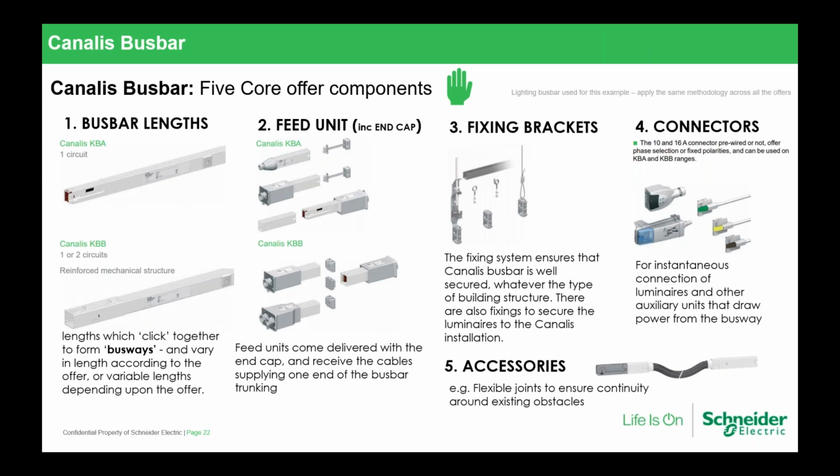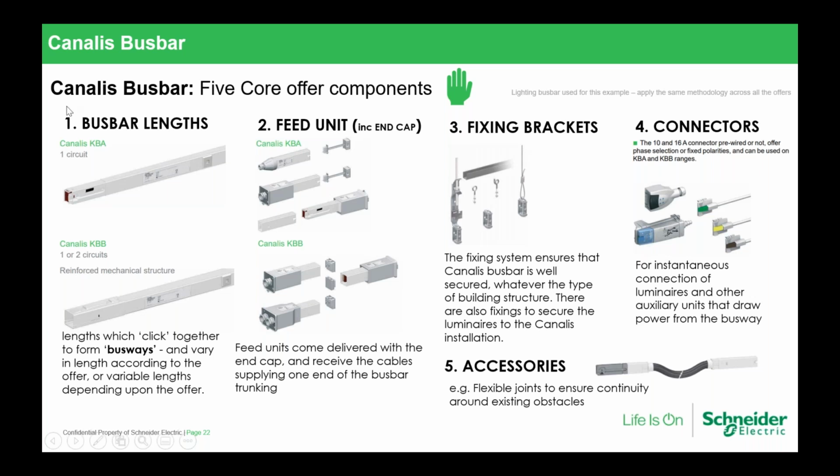When you want to choose a Canalis Busbar, no matter the rating, I put a hand here just to show you what you need to remember: you need to be sure you are choosing 5 components on every Busbar solution that you need, no matter the rating.